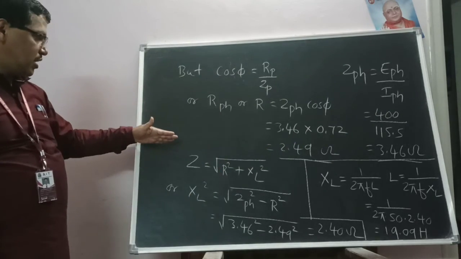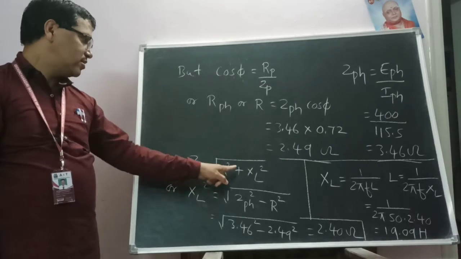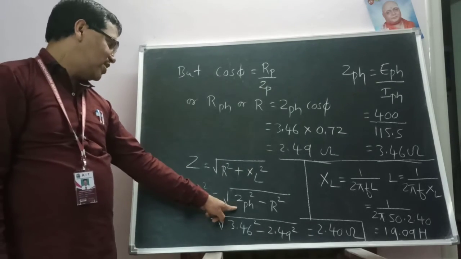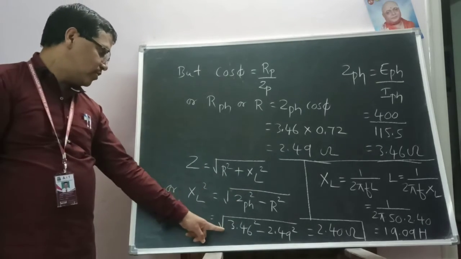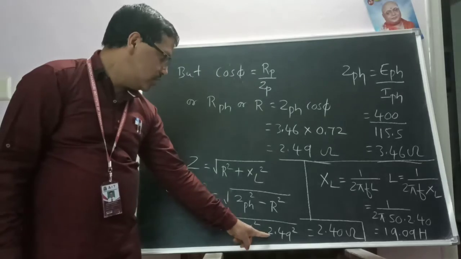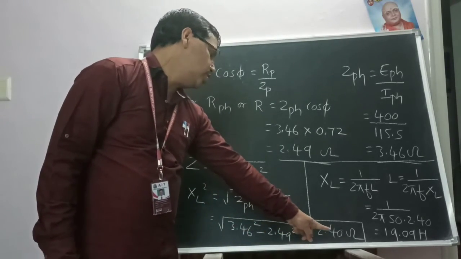Then we use the impedance Z is equal to root of R square plus XL square, or XL is equal to root of Z phase square minus R square. Substituting, 3.46 square minus 2.49 square, the answer is 2.40 ohms.